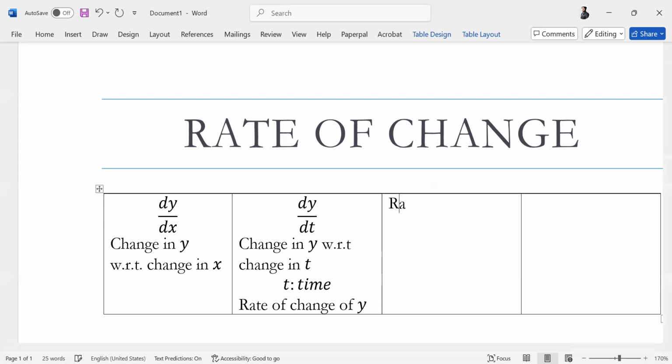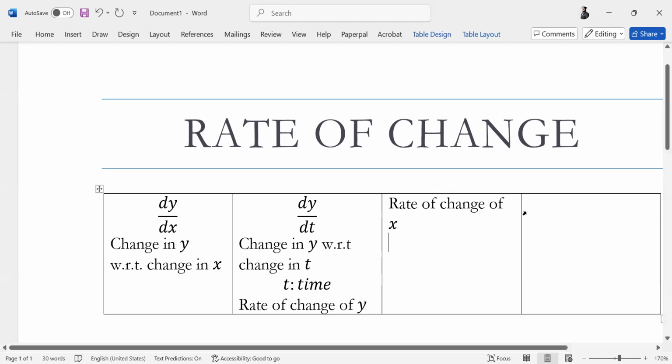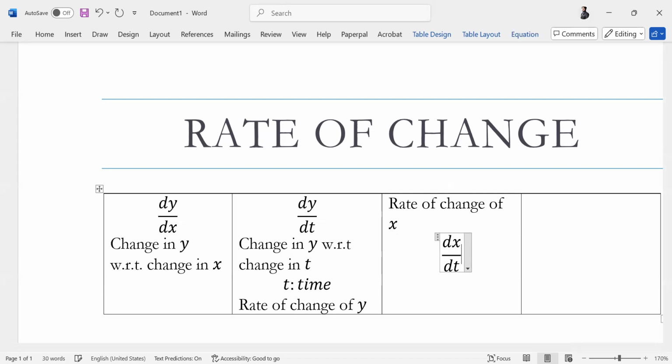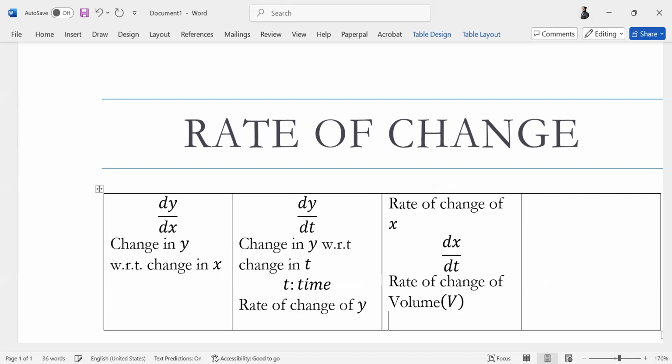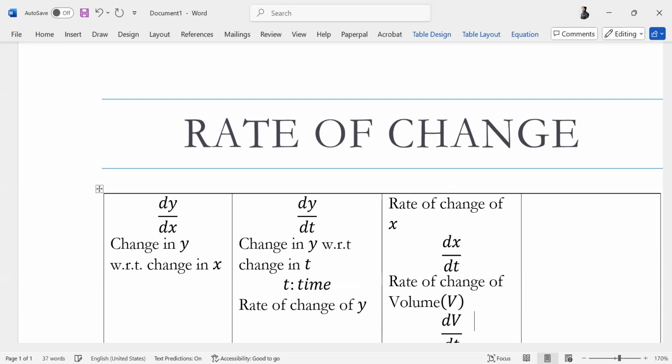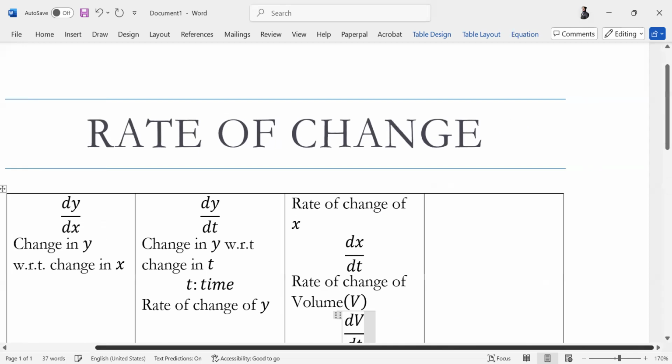If I ask you what is rate of change of x? Yes, what is the rate of change of x? dx upon dt. If I ask you rate of change of volume and I am representing volume as v, what will that be? dv upon dt. So I can represent any variable.